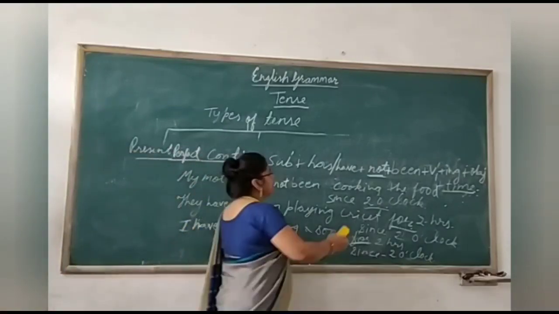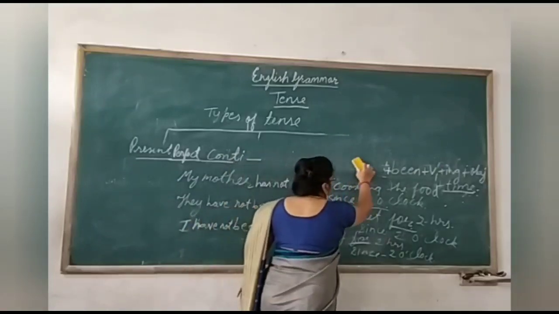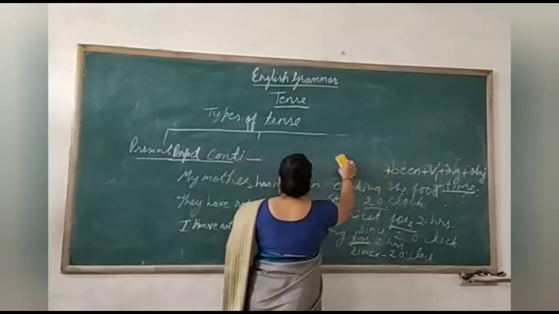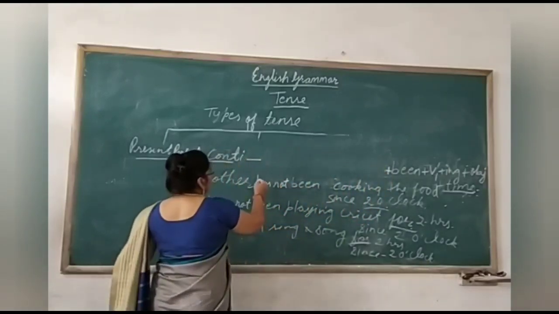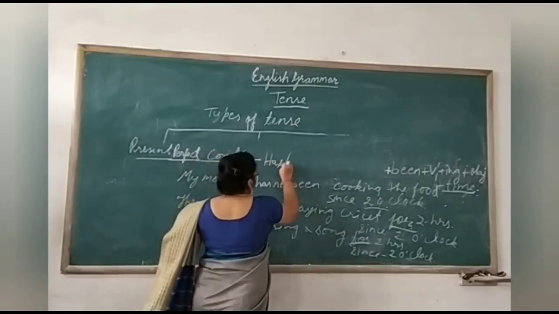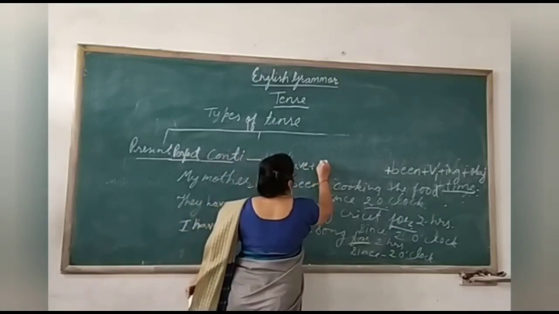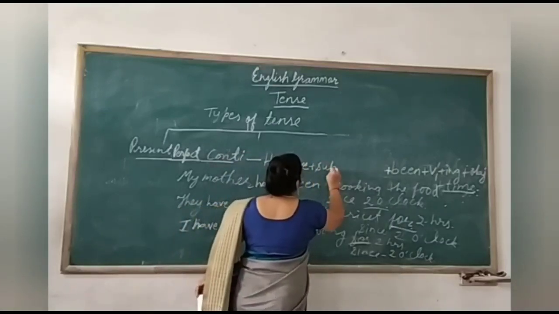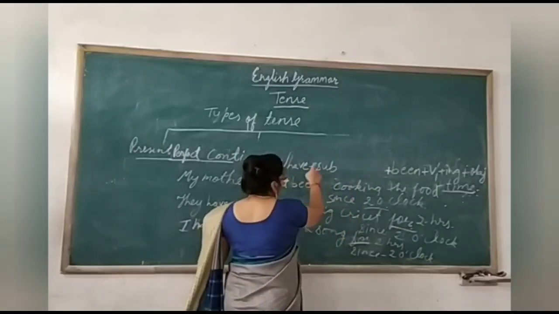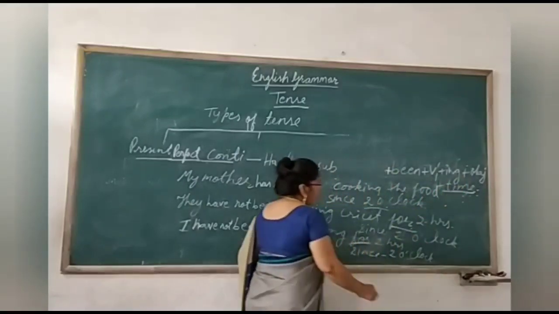Now let us convert the same sentences into interrogative. Interrogative means, as you have learned, your helping verb is always used in the beginning. Here in this case, has, have, then subject, then been plus V1 plus ing, then object.